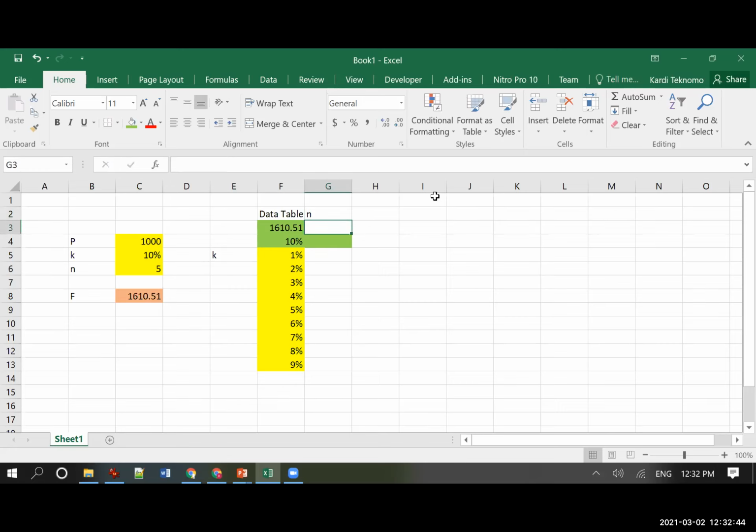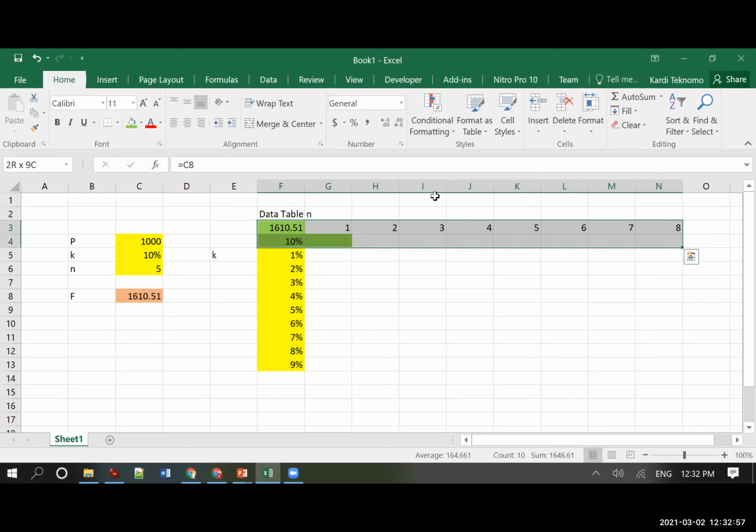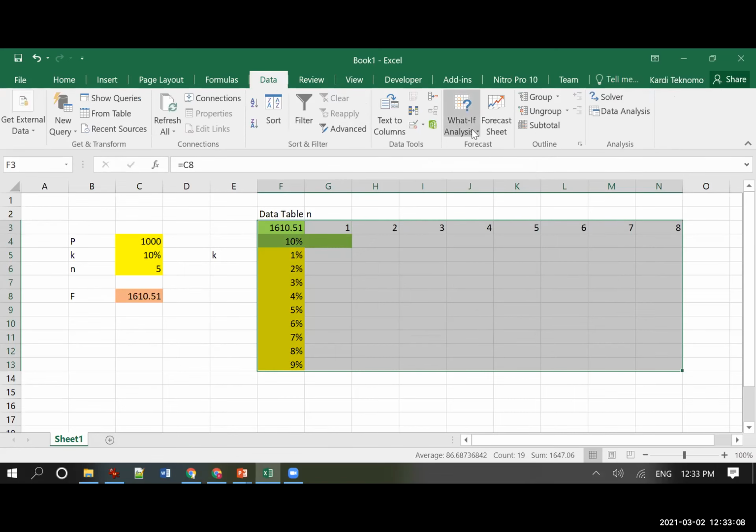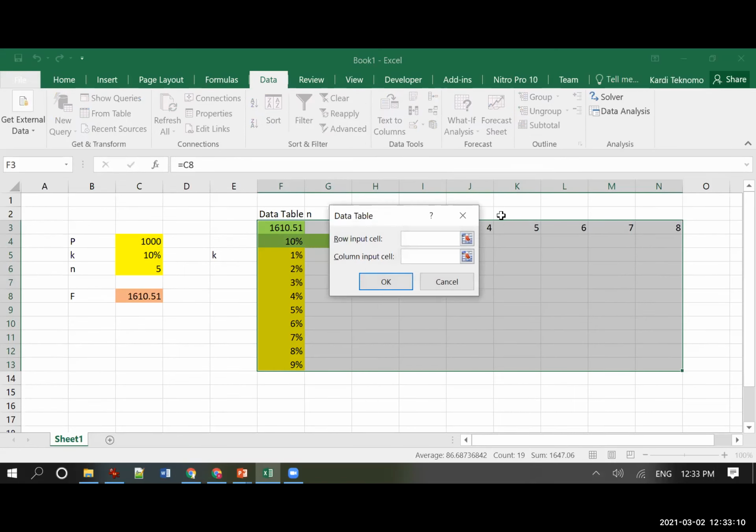So N is 1 year, 2 years. I will put 1 plus 1, so I have 1, 2, 3, 4, 5 until 8. Now again, you highlight the table. And you go to, sorry, Data, then What-If Analysis, Data Table, right?